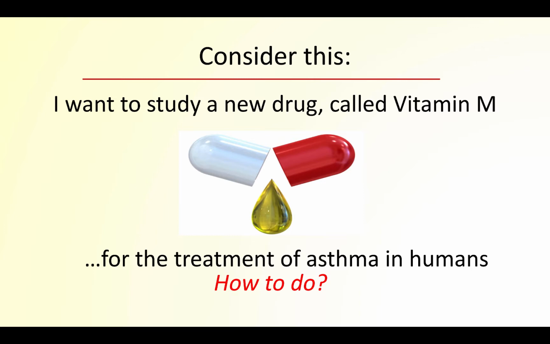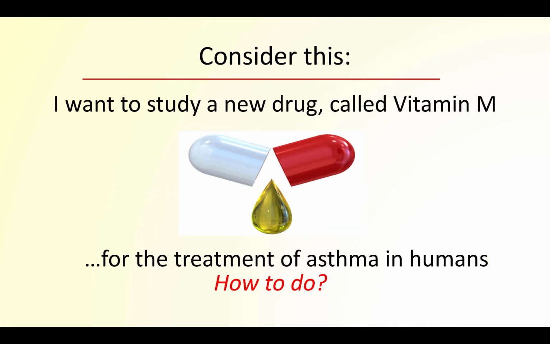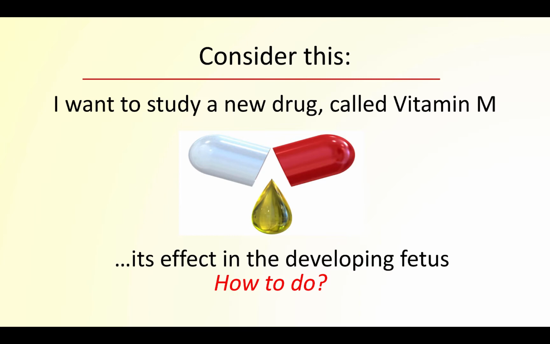What if you wanted to study a new drug, which we'll here call vitamin M? And the reason we're studying it is for the treatment of asthma in humans. Think through how you would design a study. But think through this. What if you were to use the same drug, or vitamin in this case, and how would you create a study when you were investigating its effects in the developing fetus? What would you do? How would you design that project?